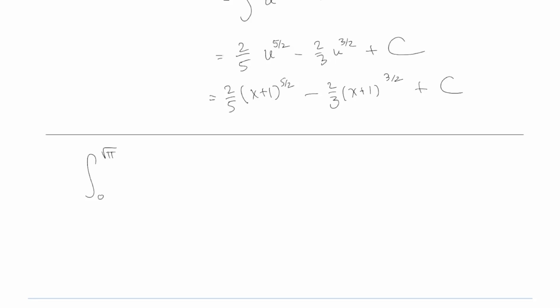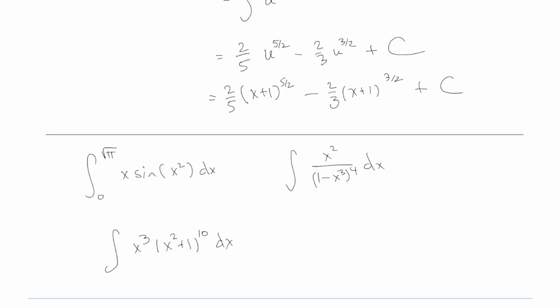How about the integral from 0 to root pi of x sine of x squared dx, and the integral like so, and like so. All right, see what you think. Feel free to chat with your friends and neighbors about it. I'm going to come around and see how you're doing.